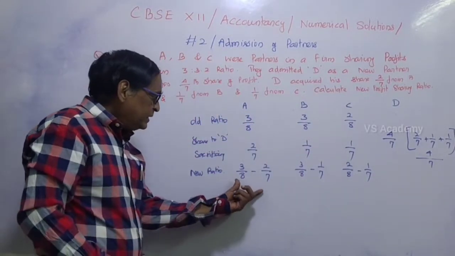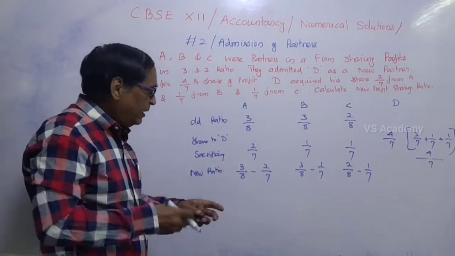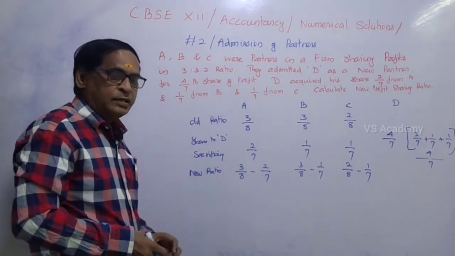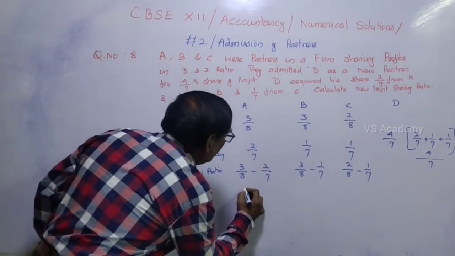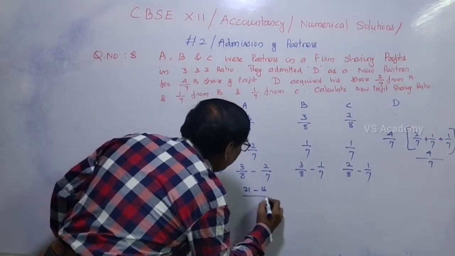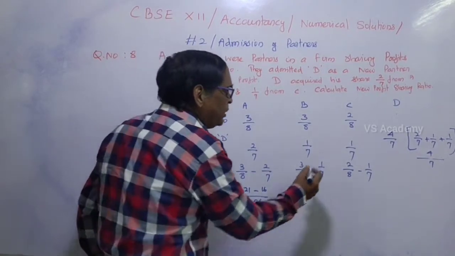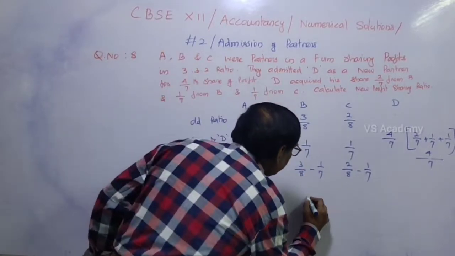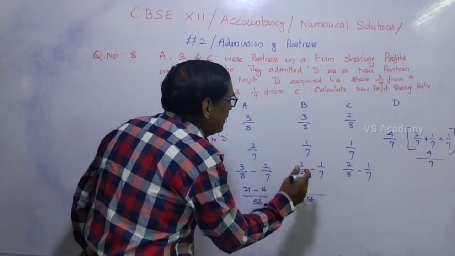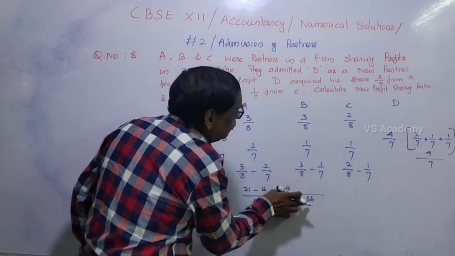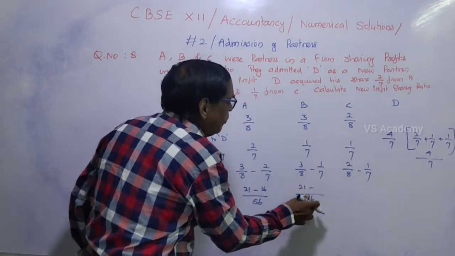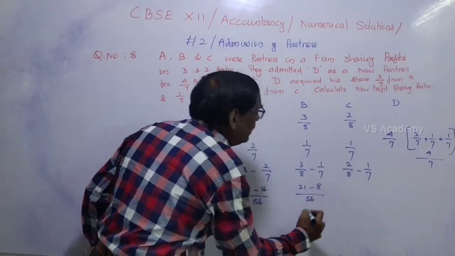So if you take LCM, or there is another way, you can cross multiply. 7 into 3, 21; 8 into 2, 16, divided by 56. Otherwise you can take LCM 56, the same 56. 8 out of 56, 7 times, 7 into 3, 21, minus 7 out of 56, 8 times, so 8 into 1, 8.